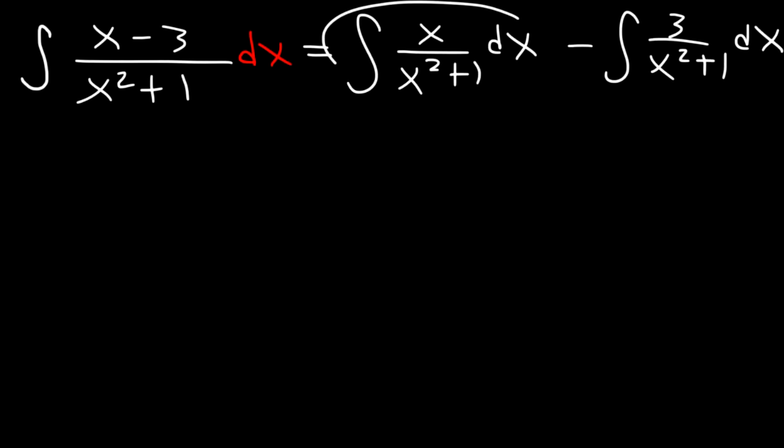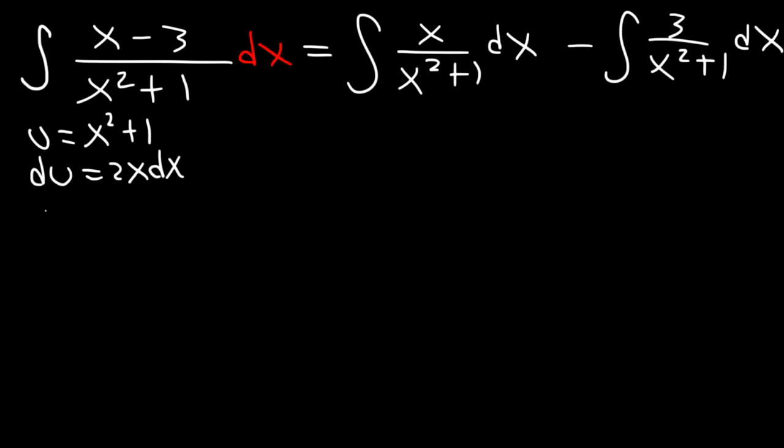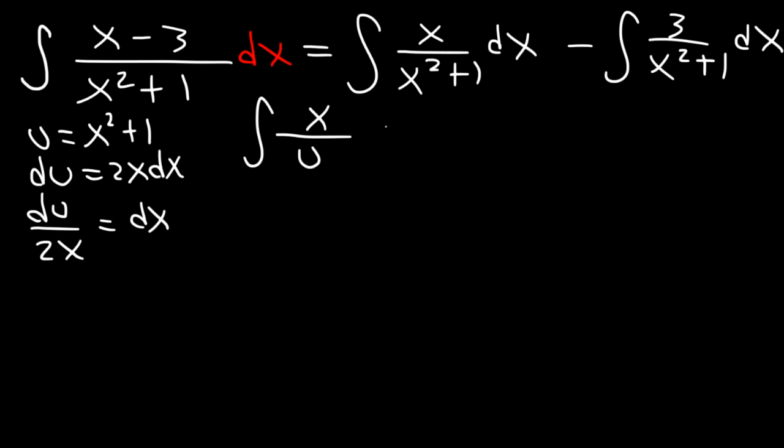So let's start with this one. Let's make u equal to x squared plus 1. So du is 2x dx, and dx is du over 2x. So let's replace x squared plus 1 with u, and dx with du over 2x.